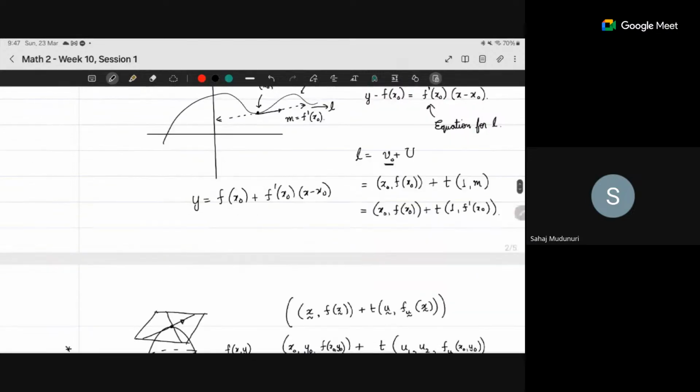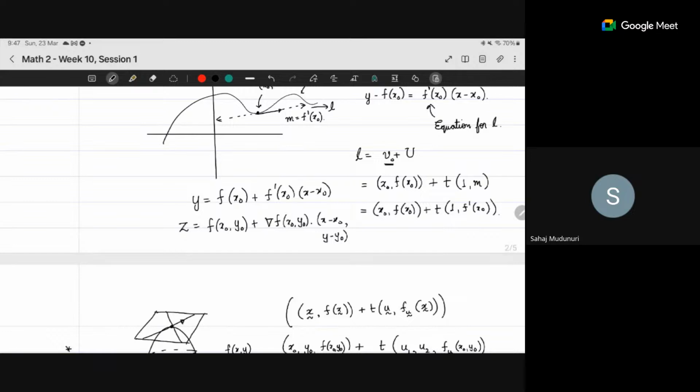Now compare that with the equation of the plane. In this case, the role of y will be taken up by z, which is the variable corresponding to the function value. So this is nabla f, but this is a vector, so I cannot really multiply, but I will do a dot product.